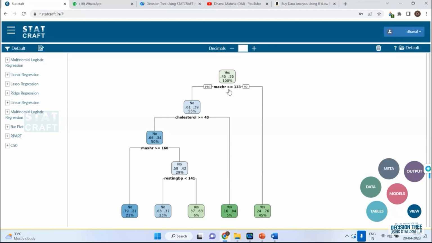Maximum hours of exercise less than 133, no, you don't exercise too much, go this side. The probability of having a heart disease is 76%. Clear? Is it clear, friends? So interesting, so nicely they have represented it.